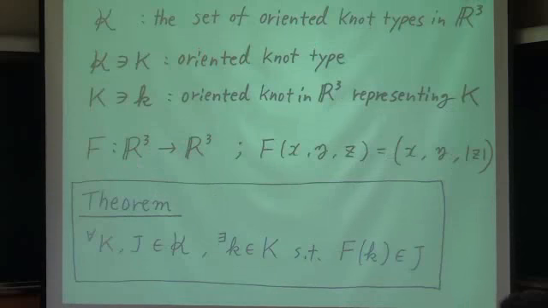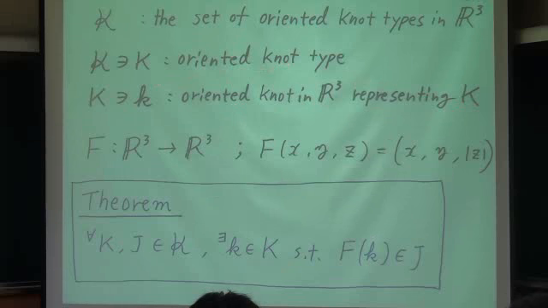So let me give some definitions. By script K, we denote the set of all oriented knot types in R3, and thus an element of script K is the oriented knot type, and then an element of this capital K, small k, is a representative.